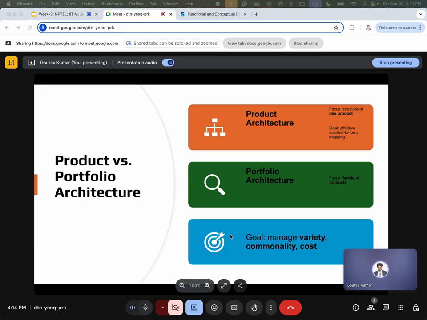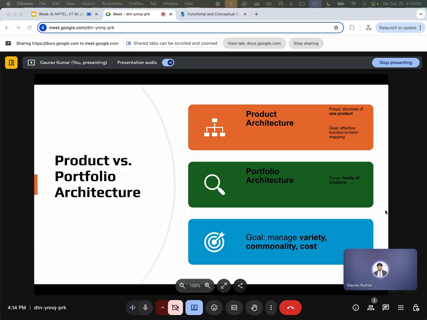Next, portfolio architecture, on the other hand, takes a broader perspective. It addresses the structure of an entire family of products offered by a company. The emphasis here is on managing variety, ensuring commonality across products and controlling cost while catering to different market segments.